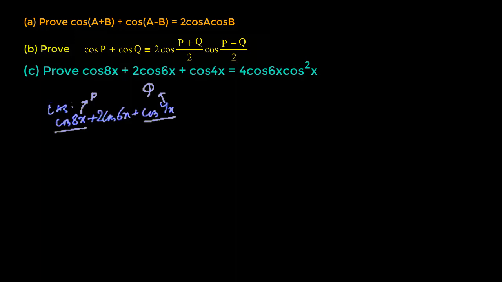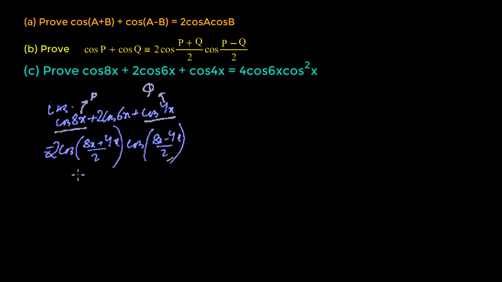So using that, we can write cos P plus cos Q is 2 cos((P+Q)/2), which is (8x+4x)/2, and cos((P−Q)/2), which is (8x−4x)/2.